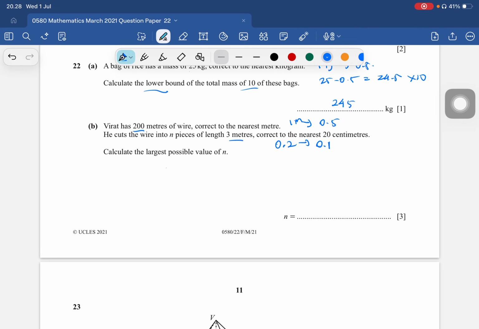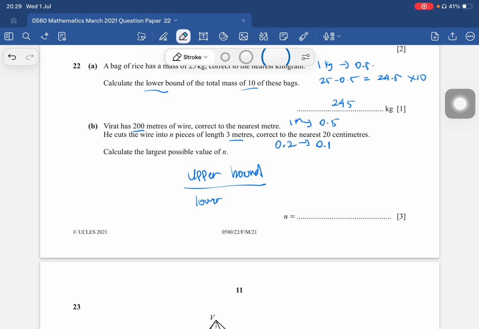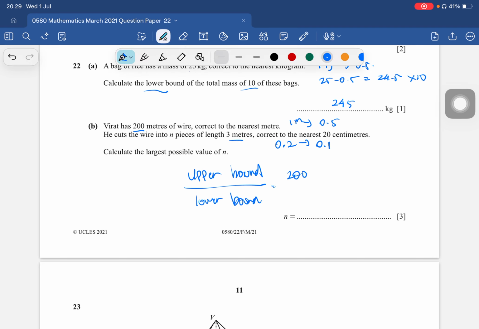Okay, calculate the largest possibility. The largest possibility we can get from the upper bound divided by the lower bound. So upper is 200 plus 0.5, lower is 3 minus 0.1.